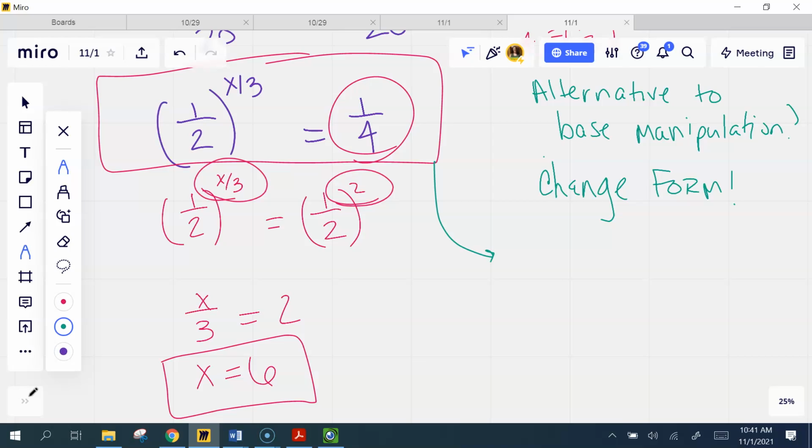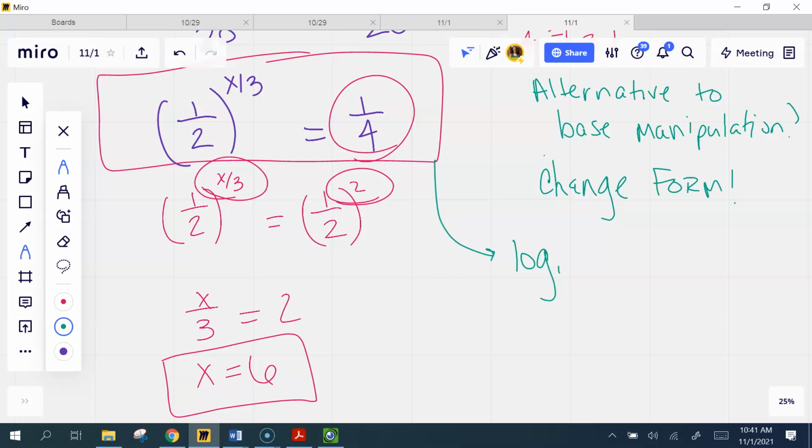What would this look like in log form? Log, the base is 1/2, equals... If you look, I end up doing the same thing because here I'm asking myself, what exponent do I have to raise 1/2 to in order to get 1/4? 2, because 1/2 to the what power gives me 1/4. 2.